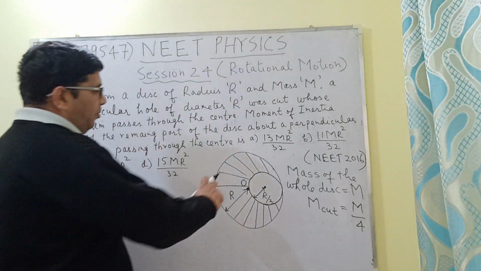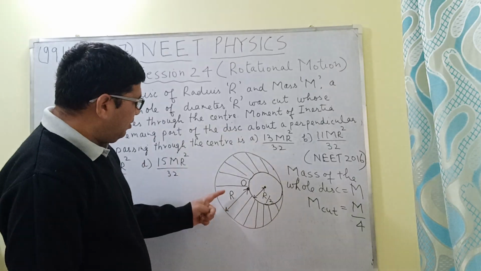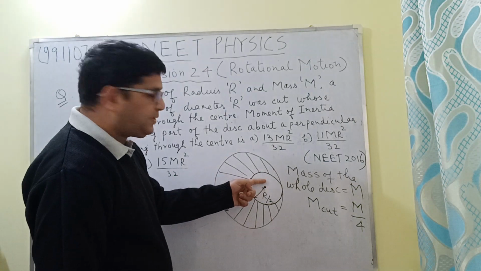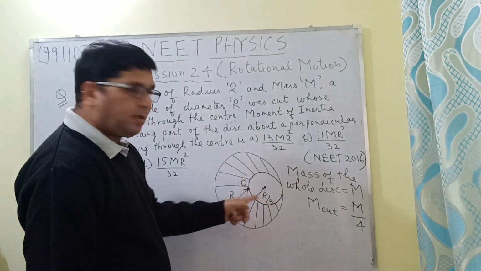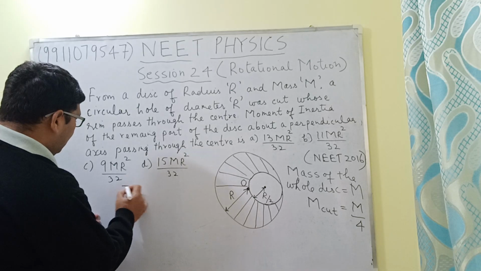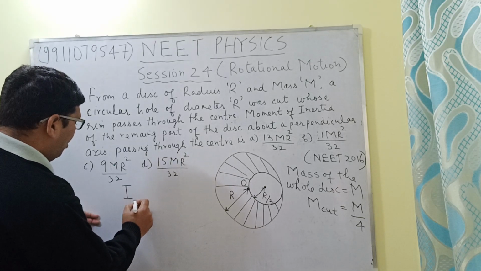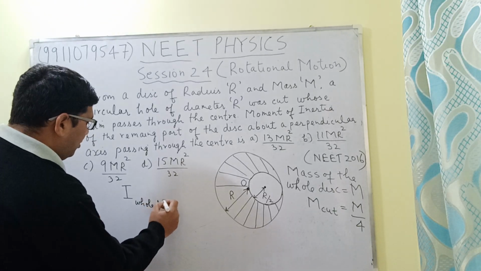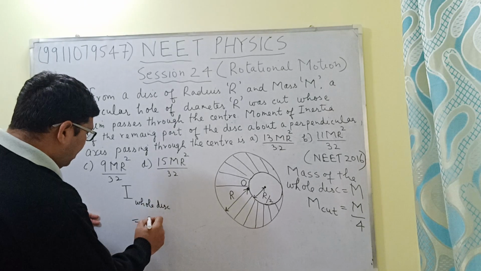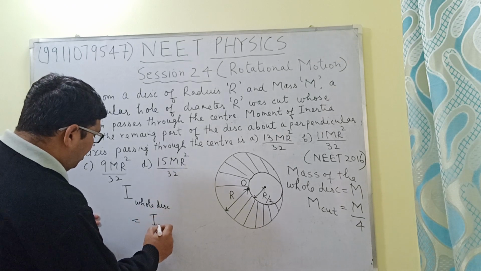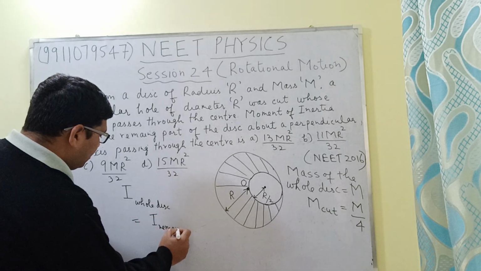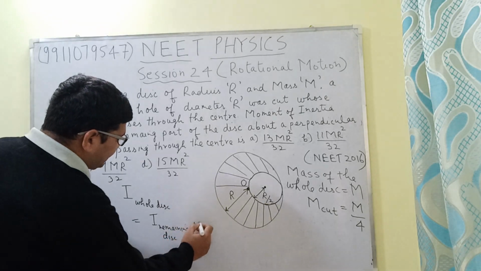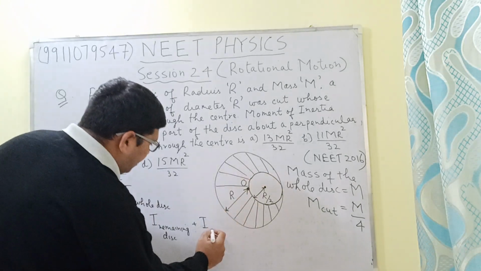Now the moment of inertia of this whole disc is equal to the moment of inertia of this remaining portion plus the moment of inertia of this cut disc. That is, the moment of inertia of the whole disc is equal to the moment of inertia of the remaining disc plus the moment of inertia of this cut disc.